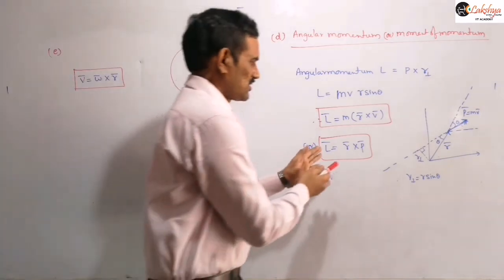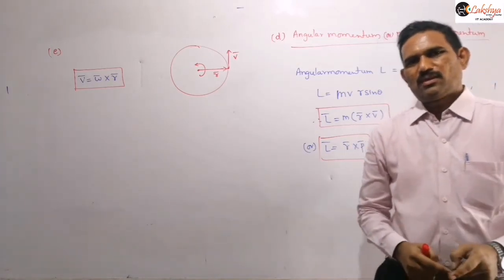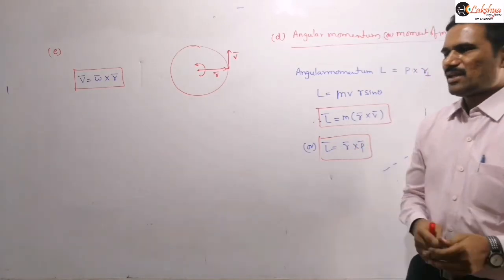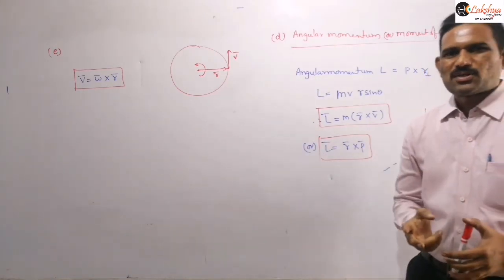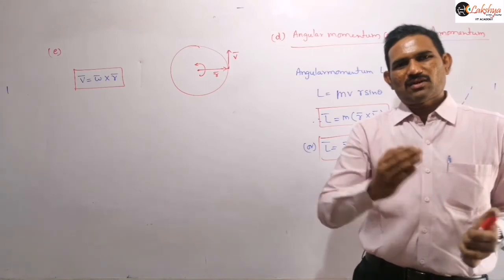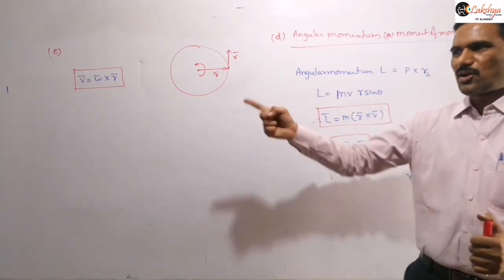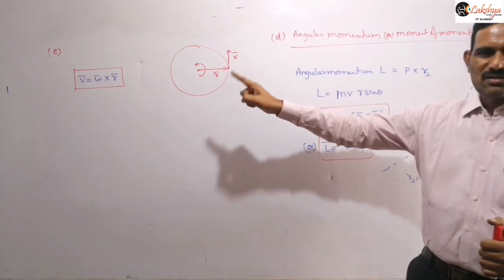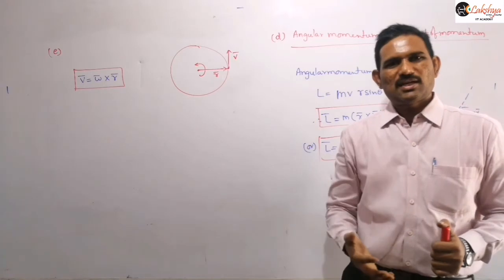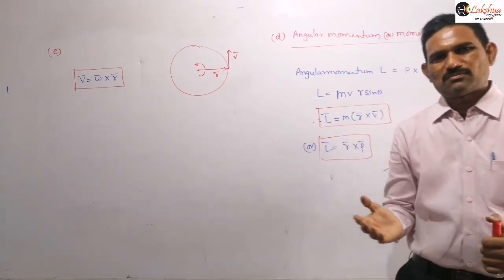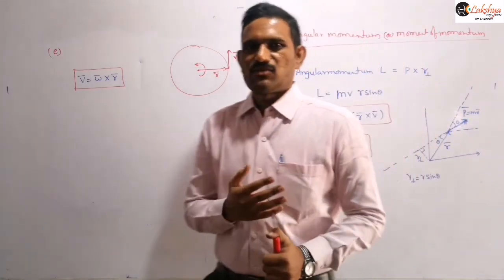Observe this. For torque and angular momentum, R bar will be the first vector. And for linear velocity, R bar will be the second vector. Velocity is a linear vector, meaning a real vector. Vectors can be classified into two types: real vectors, or linear vectors, and pseudo vectors, or axial vectors.